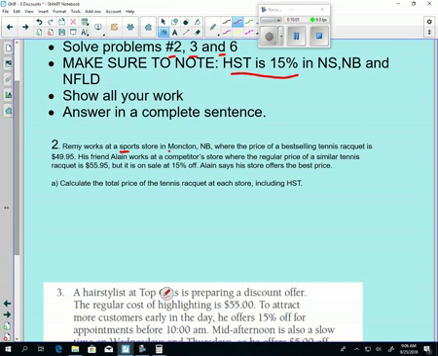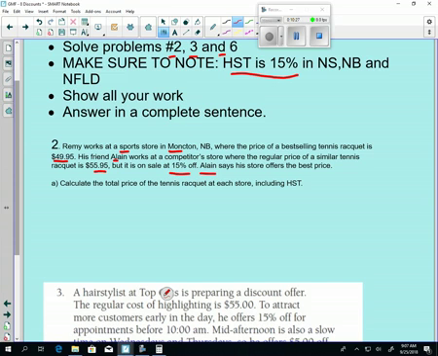Remy goes to a sports store in Moncton, and he wants to buy a tennis racket. The tennis racket is selling for $49.95. His friend Alain works at a competitor store, and the regular price is $55.95. But it's on sale right now, 15%. Alain says that his store offers a better price.